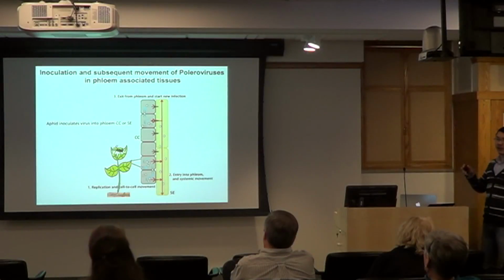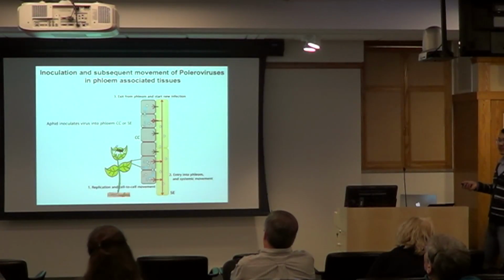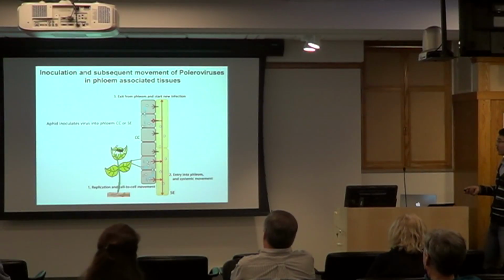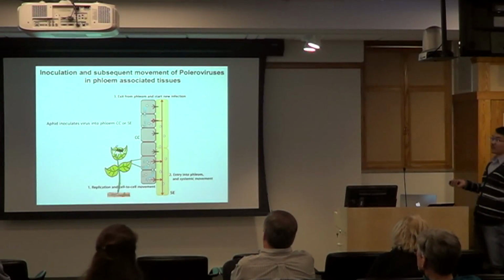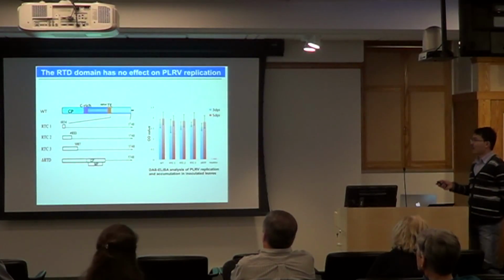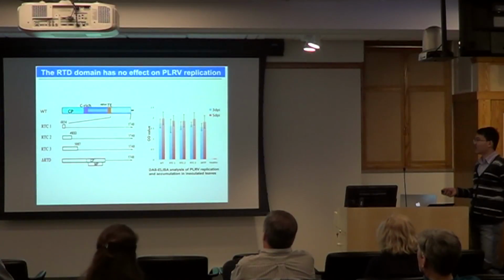Second, they have to move out from the replication site, both at the cell-to-cell level and also over long distance. They have to move to the phloem and get systemic infection, and then exit from the phloem and start new infection.